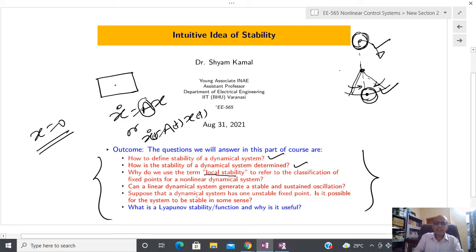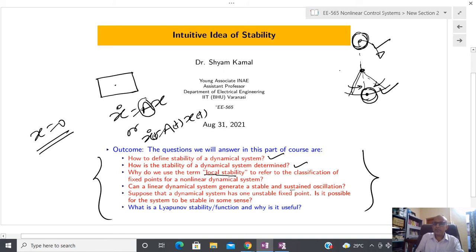Now, how to construct an oscillator? It is possible to show that it is not possible to construct, or at least understand, the oscillator if you do not understand the theory of nonlinear control systems. So the fourth question is related to that: can a linear dynamical system generate a stable or sustained oscillation?